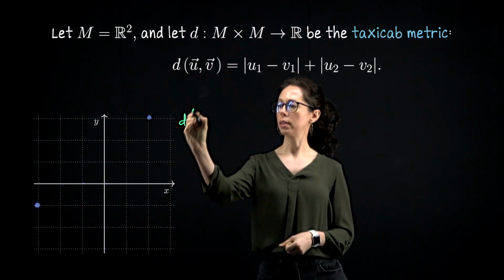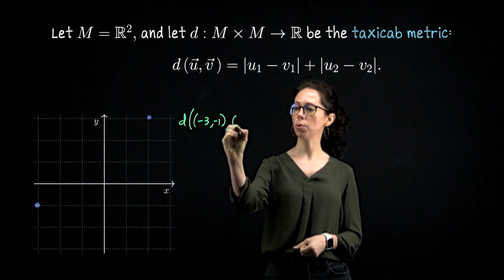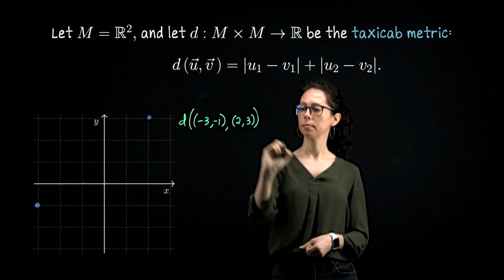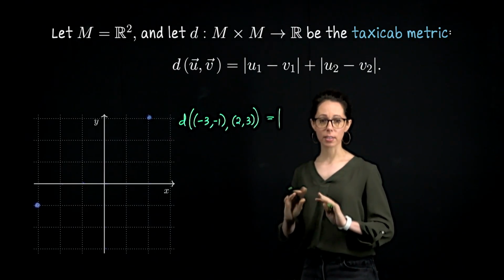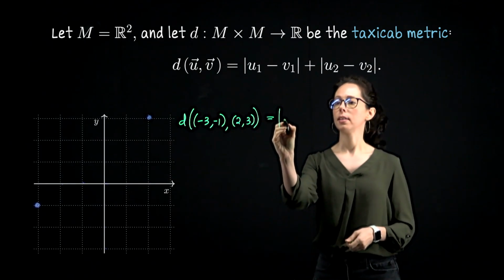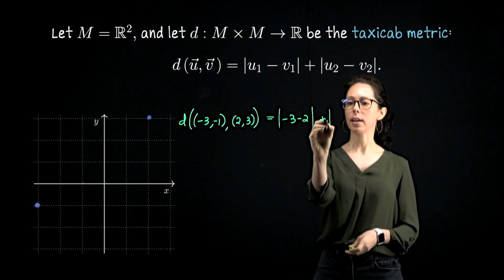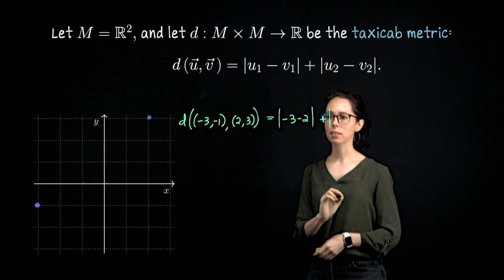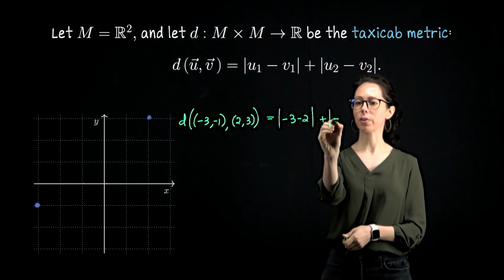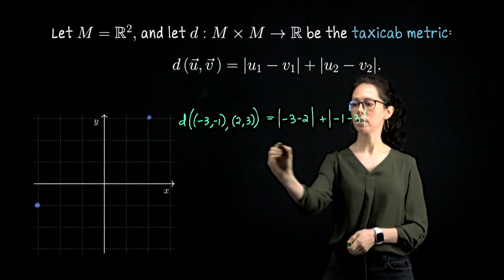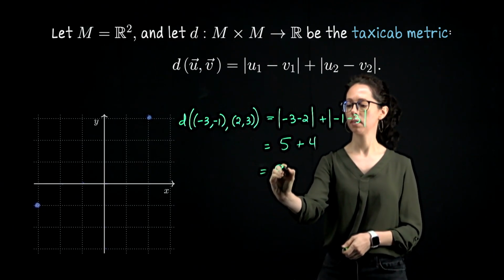So if I do the distance between -3, -1, and 2, 3, that's going to be the absolute value of the difference in their x-coordinates. -3 minus 2, take the absolute value of that. Add to that the absolute value of the difference in their y-coordinates. So -1 minus 3. All right, so we get 5 plus 4 is 9.